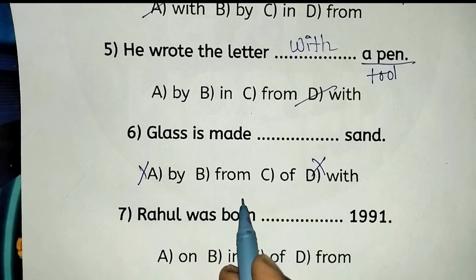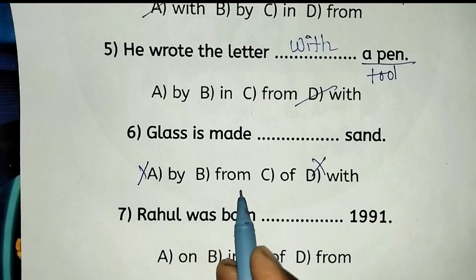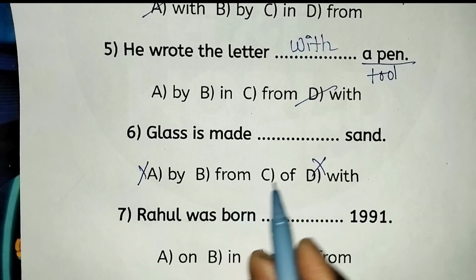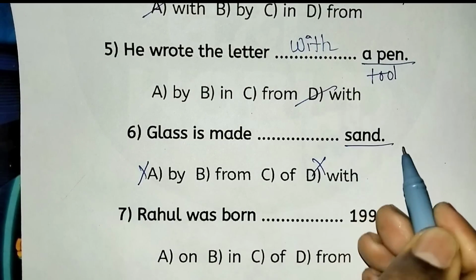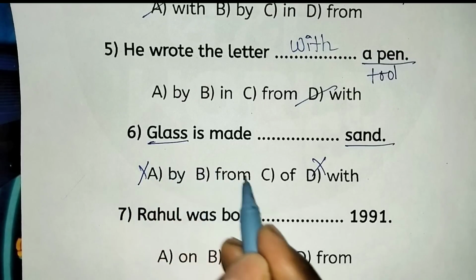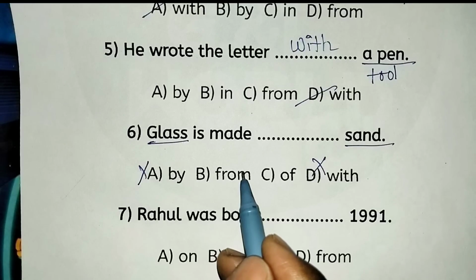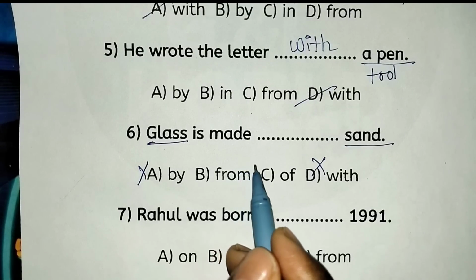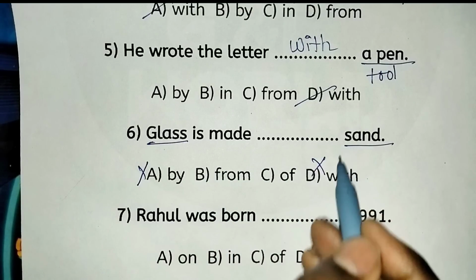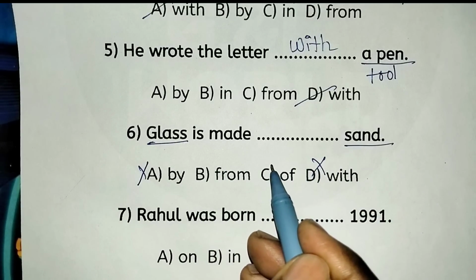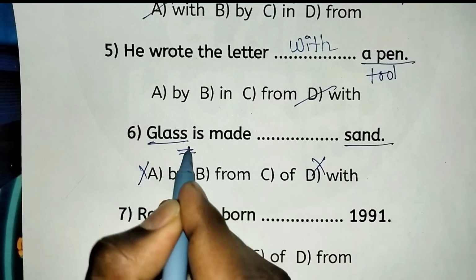Which one is right? Actually, you know this answer, because here we have sand and glass. If you have any experience of the glass making process, then you are able to answer. The glass is made from sand, which is a chemical change.